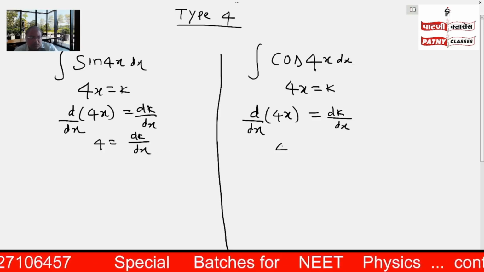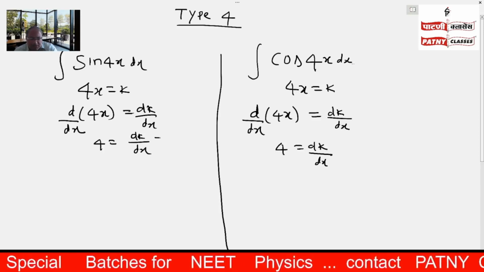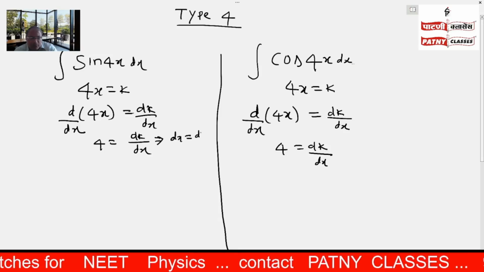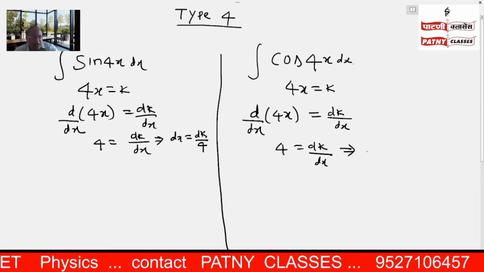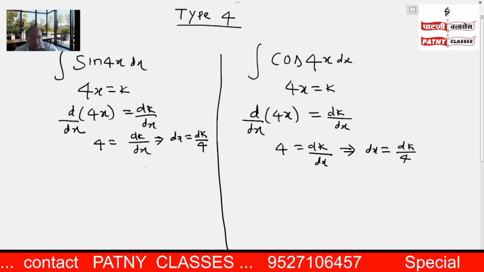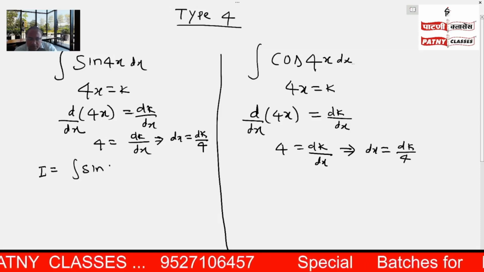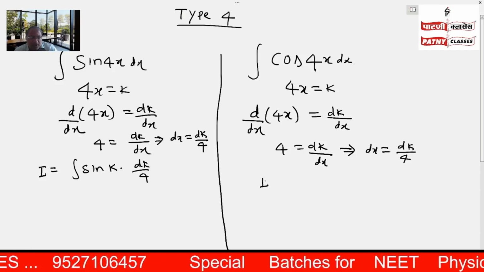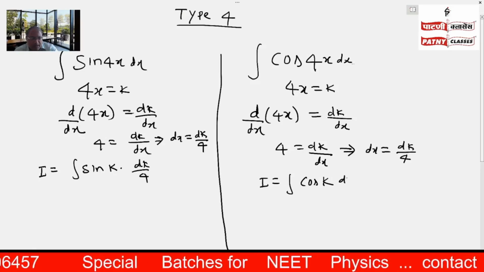Here also 4 equals to dk by dx, which implies dx equals to dk by 4, that is dx equivalent. Here also dx equals to dk by 4. Therefore I equals to integration of sin k dk upon 4, and here also I equals to integration of cos k dk upon 4.